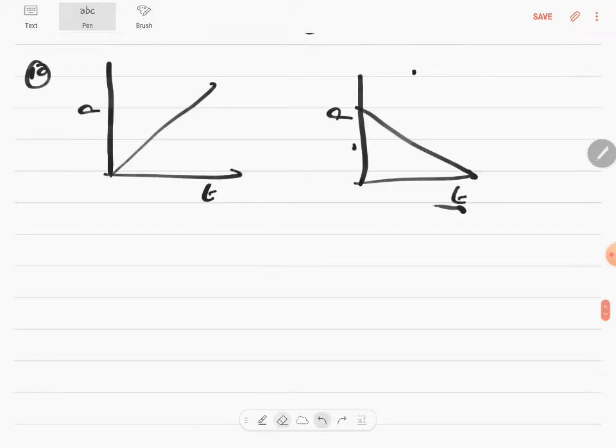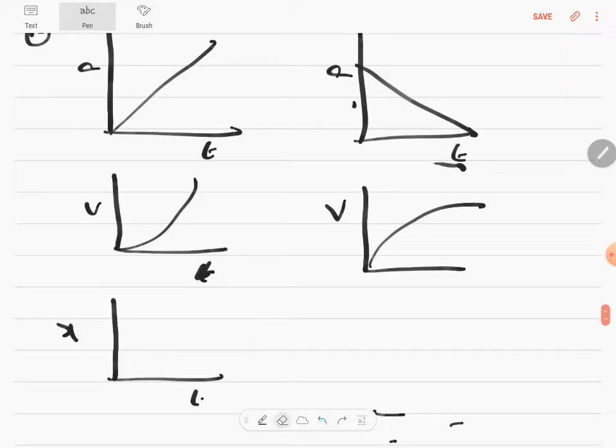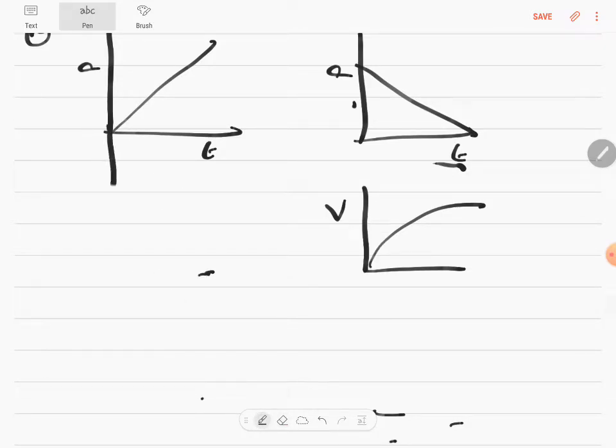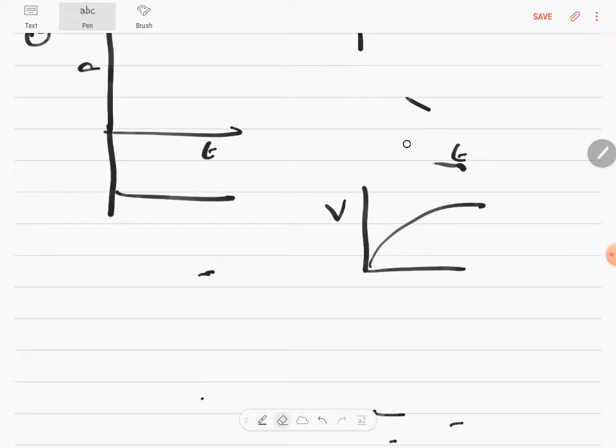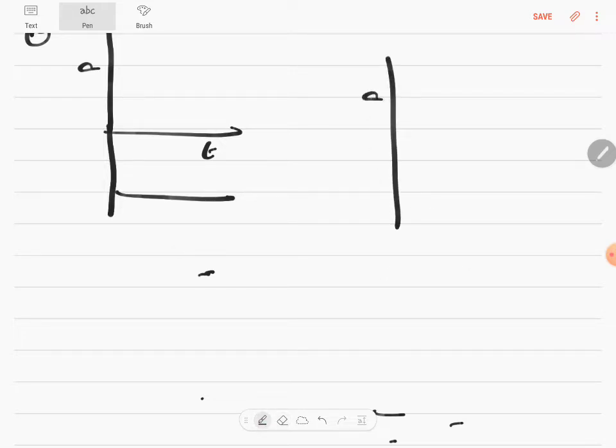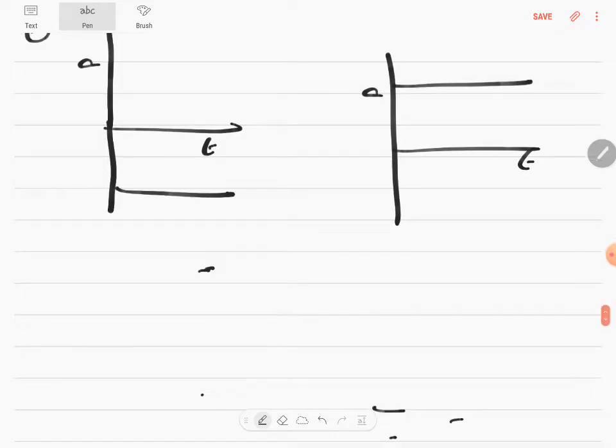When the acceleration is negative, it will be like this. This is called negative acceleration. It's not about an increasing acceleration, it's about negative and positive. In an acceleration time graph, this will be positive and this will be negative acceleration.